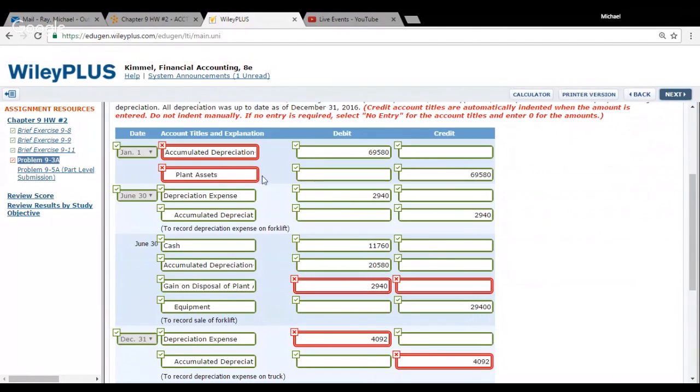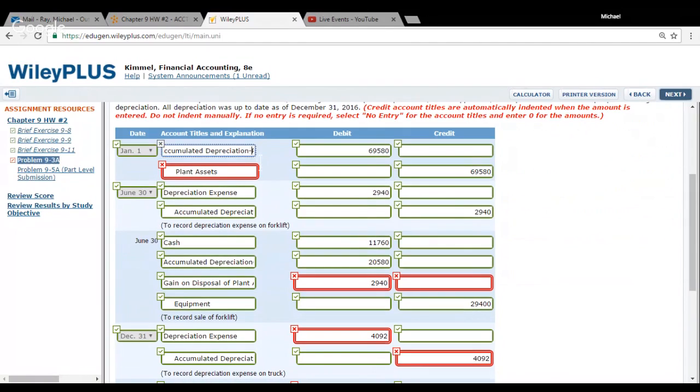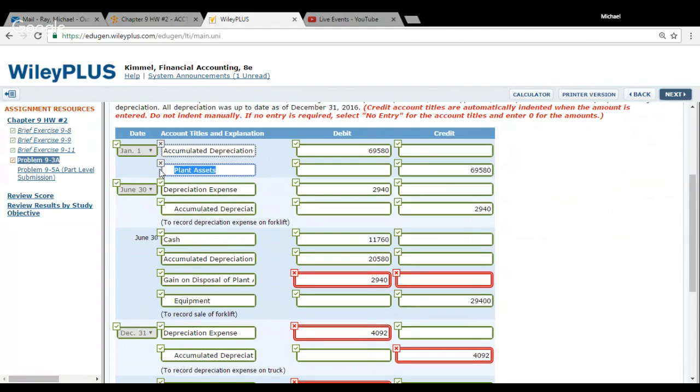That's all right. That's why we get a few shots. So this is probably equipment, not plant assets. Accumulated depreciation of equipment as well instead of plant assets.